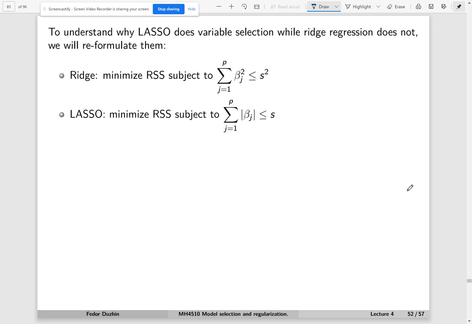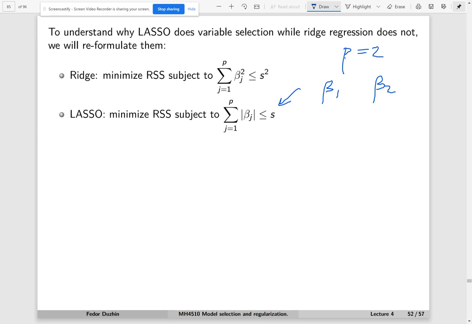We're going to reformulate both algorithms a little bit. We are going to minimize the residual sum of squares subject to either a quadratic condition, or this kind of absolute value condition for lasso. For the sake of this example, I'm going to use p equals 2, with beta 1 and beta 2 as my variables.